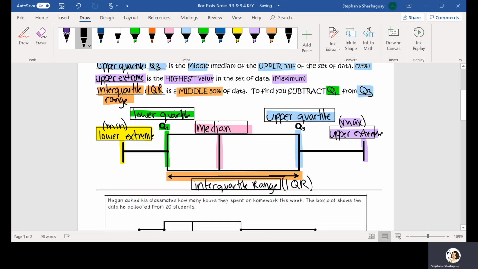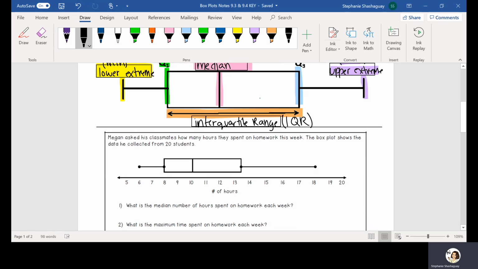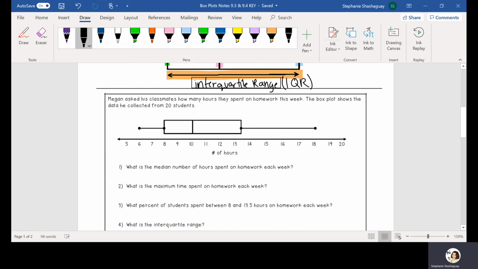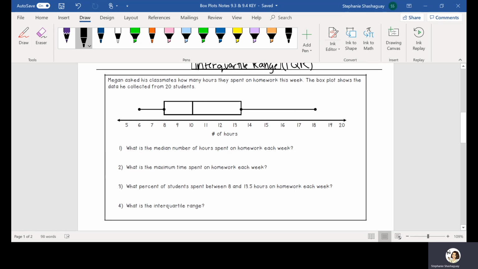Okay. All right. So now that we've learned all the different parts of a box plot, let's learn how to either read them and then how to create our own. So it says Megan asked her classmates how many hours they spent on homework this week. The box plot shows the data she collected from 20 students.